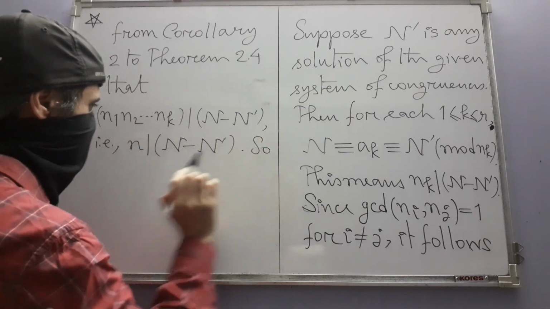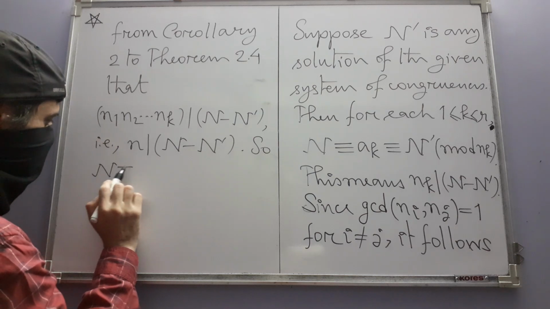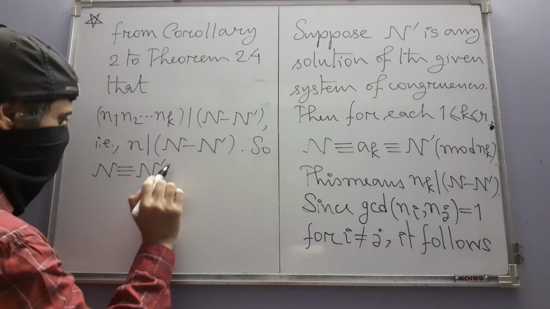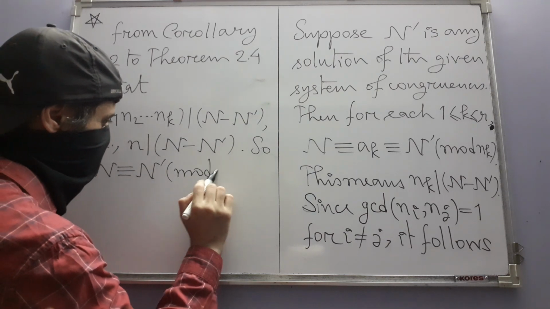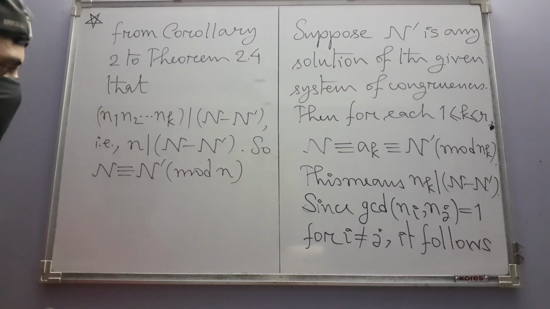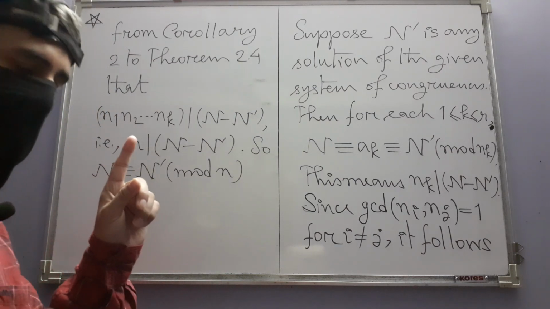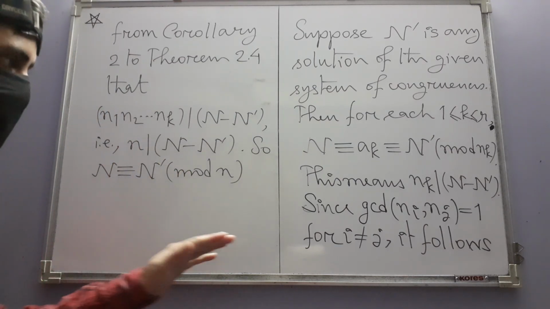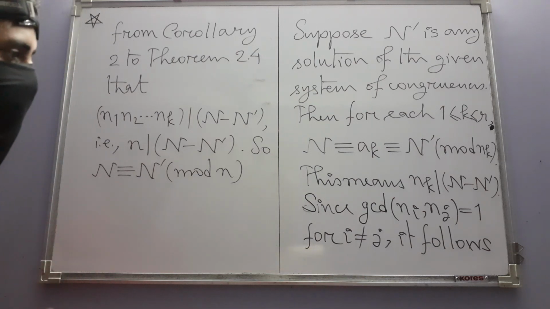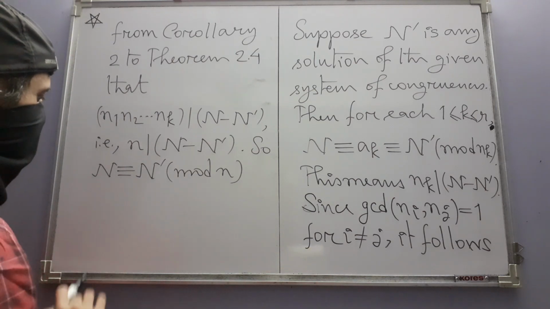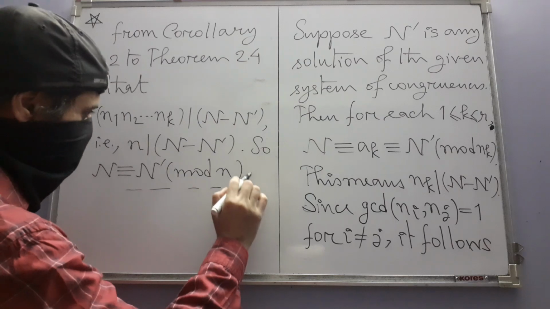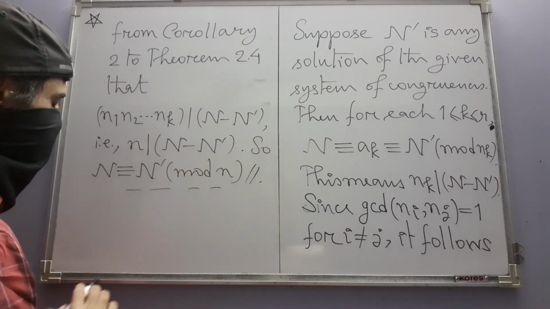So n is congruent to n' mod n. So modulo this small n, essentially there is only one solution. So this is the proof, the proof is complete here.